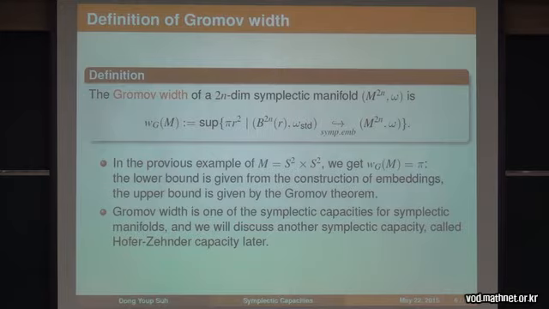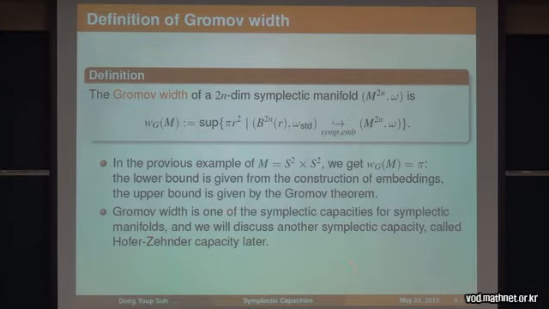So in the previous example, where M is S2 cross S2, we get the Gromov width to be π. So r is 1. The lower bound is given from the construction of the embedding that I gave you first, and the upper bound is given by Gromov's theorem.